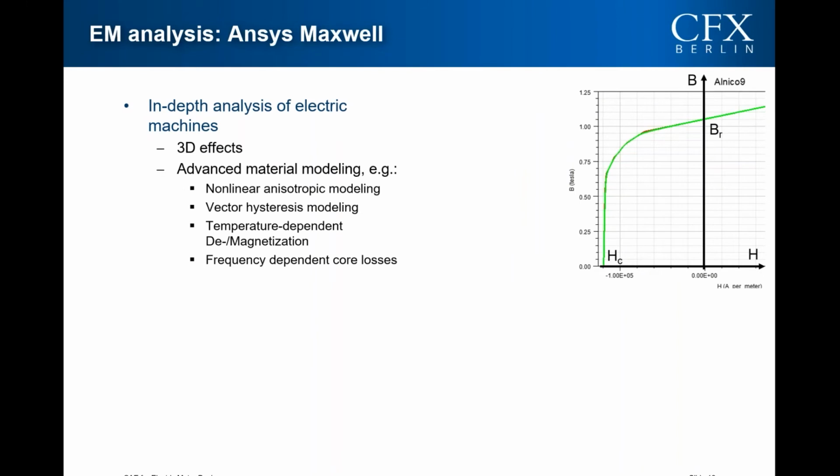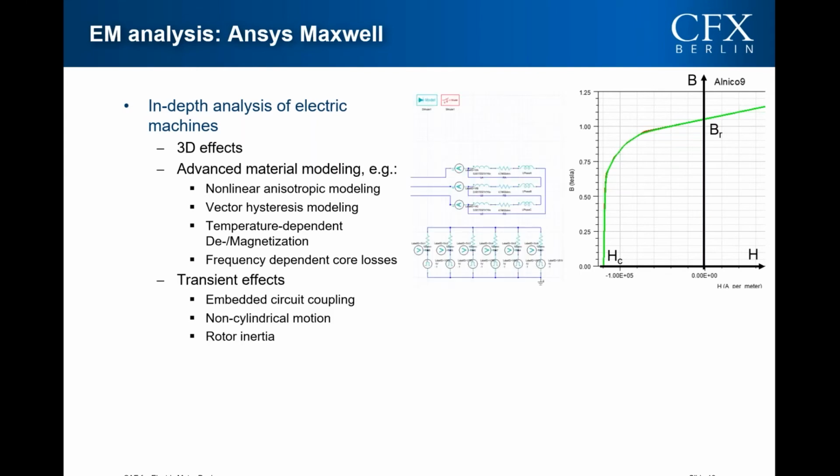Then we have advanced material modeling that allows us to include nonlinear effects, hysteresis, demagnetization effects, and frequency-dependent core losses. We can also model transient effects that can be caused by the electric circuit around the motor or by non-cylindrical motion, like eccentricity or by variable speed.